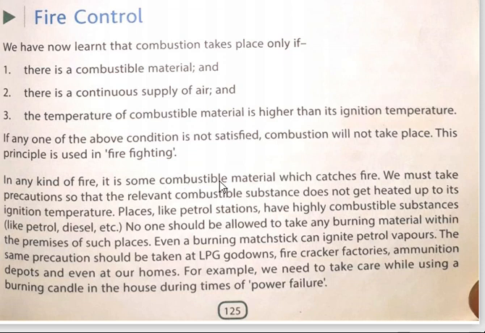As we know, there are three conditions of combustion. To control fire, we have to remove any one of these conditions. If we are able to remove any one of them, then certainly we can control the fire.